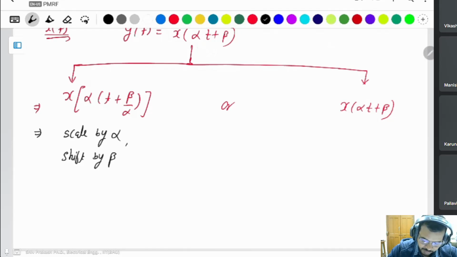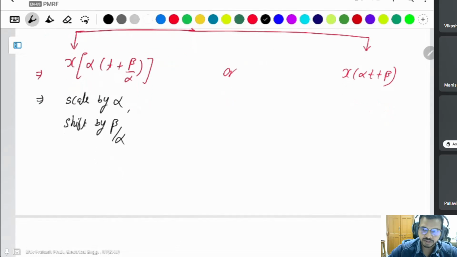Then, if you want to do it like that, first scale by alpha, then shift by beta by alpha. And in this case, first shift by beta, then scale by alpha. Both conditions you can do.